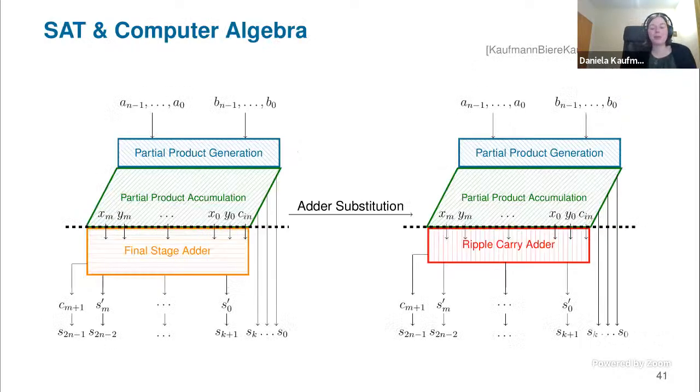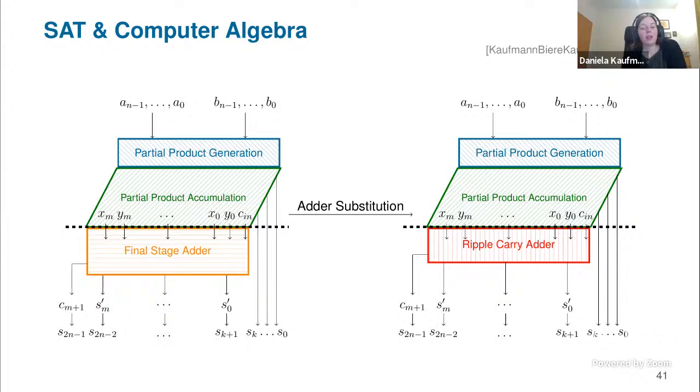So what we observed: 2 years ago, in 2019, we noticed that checking the equivalence of adder circuits is quite easy for SAT solvers. And this led to the following idea: we identify the border between the accumulation step and the final stage adder, the last adder in the multiplier.